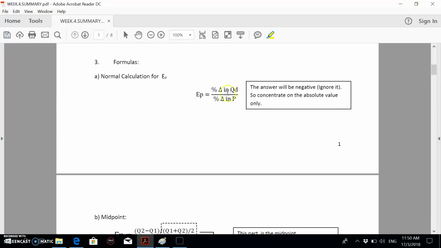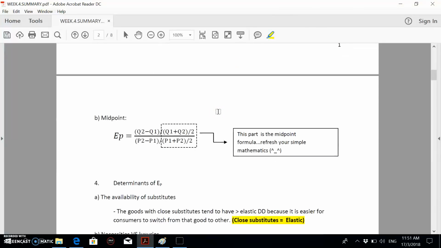Even though you know the basic formula from the previous level, most international books use the midpoint formula. So what is the difference? The difference is only this part.